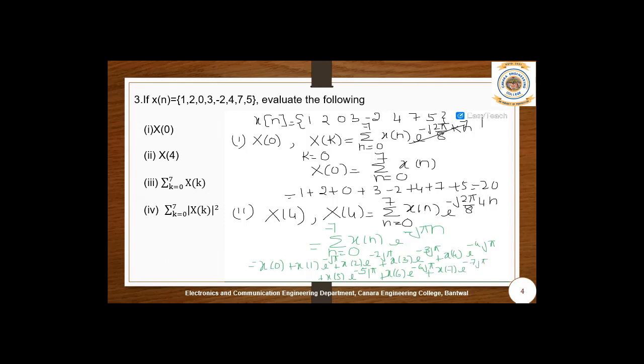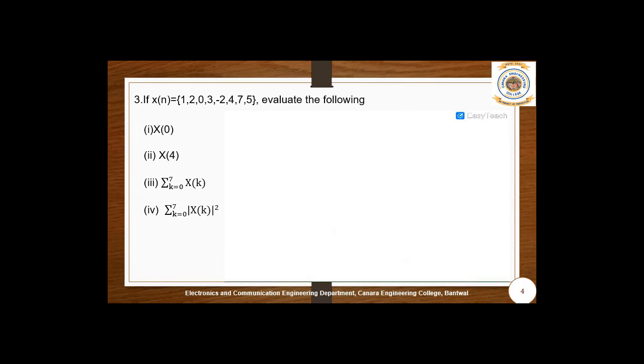Let me substitute the values of x of 0 to x of 7. This will be simplified to 1 plus 2 at an angle of minus pi plus 0, 3 at an angle of minus 3 pi minus 2 at an angle of minus 4 pi plus 4 at an angle of minus 5 pi plus 7 at an angle of minus 6 pi plus 5 at an angle of minus 7 pi.